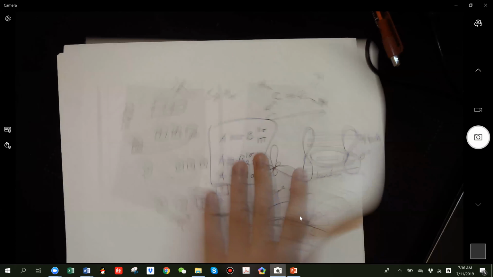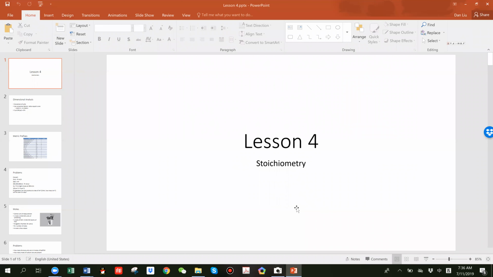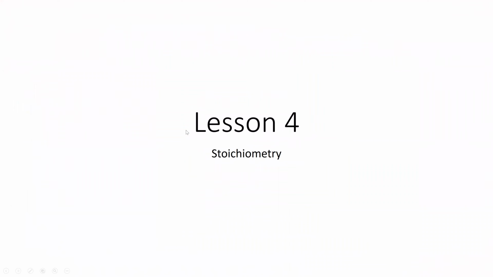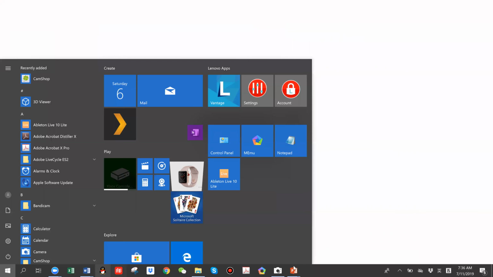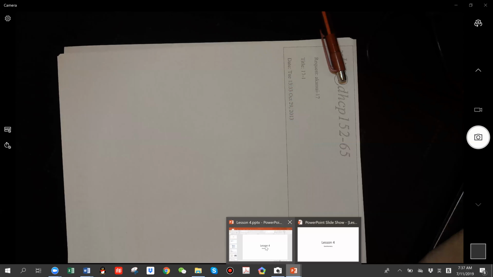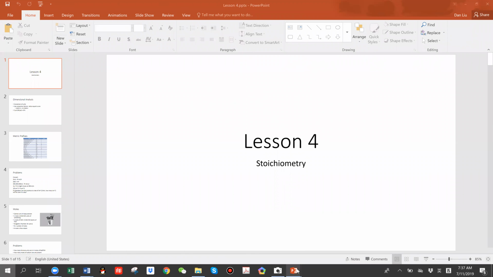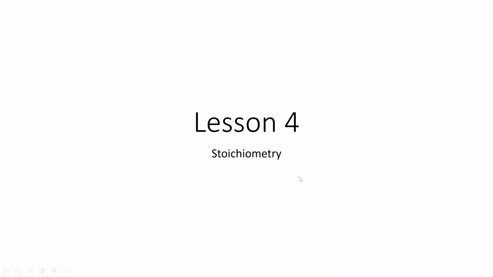So now let's look at the big topic today, which is stoichiometry. Stoichiometry is all about how we turn all of this theory into practical meaning.